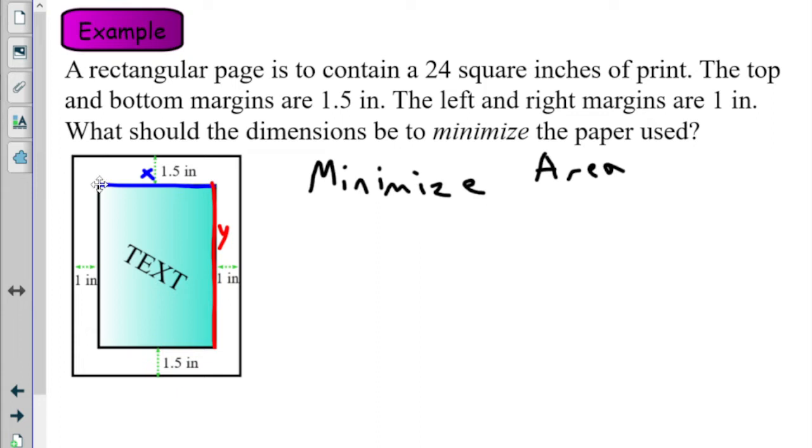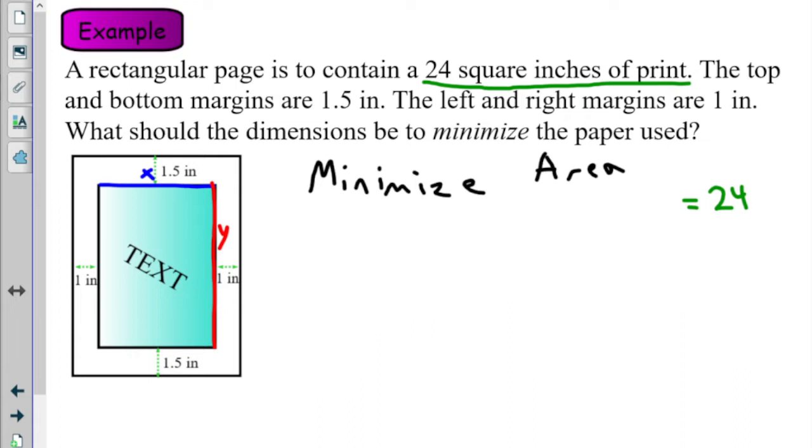The one that is fixed into place is our 24 square inches of print. So that is a constraint and is the formula that I'm going to use to get one of the variables by itself in terms of the other. So 24 is the amount of area of print, of actual text, that's on the page.